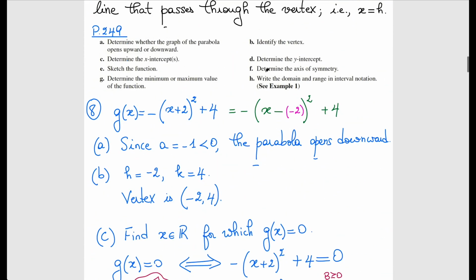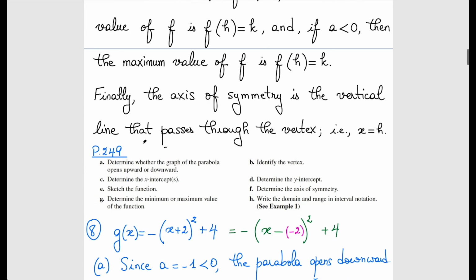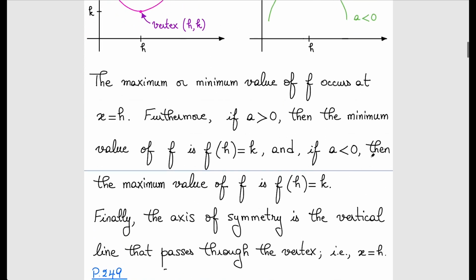Okay, so that's F. Part G, determine the minimum or maximum value of the function. Let's go back to the property that we got. If the function has positive a, in our case we didn't have positive, right? We got the negative. So if a is negative, then the function is going to have a maximum value at h, when x is h, and that maximum value is going to be f of h, which is k.